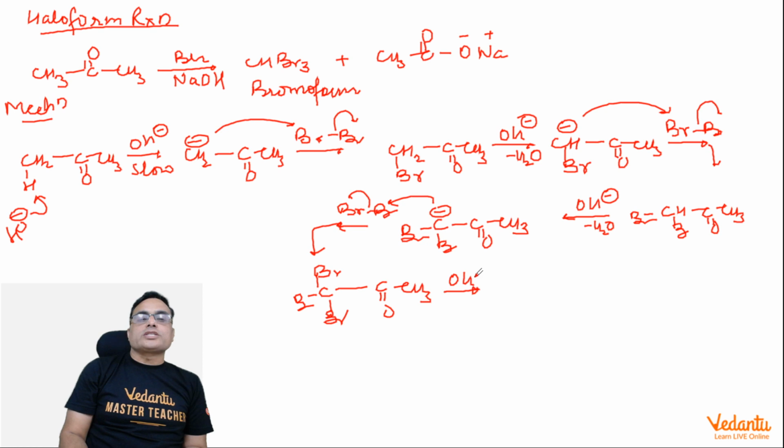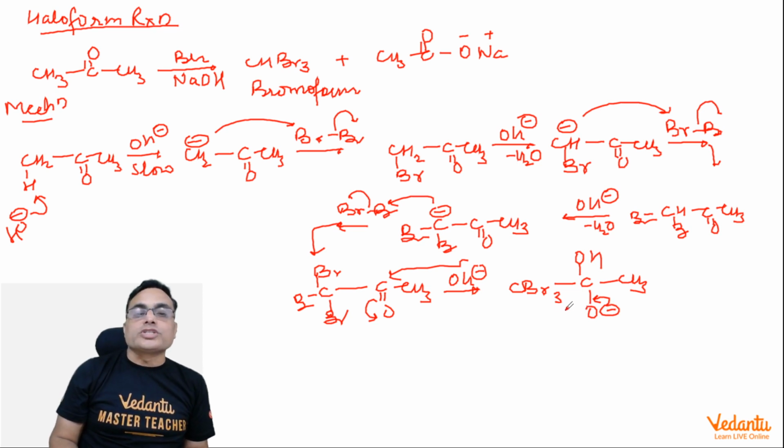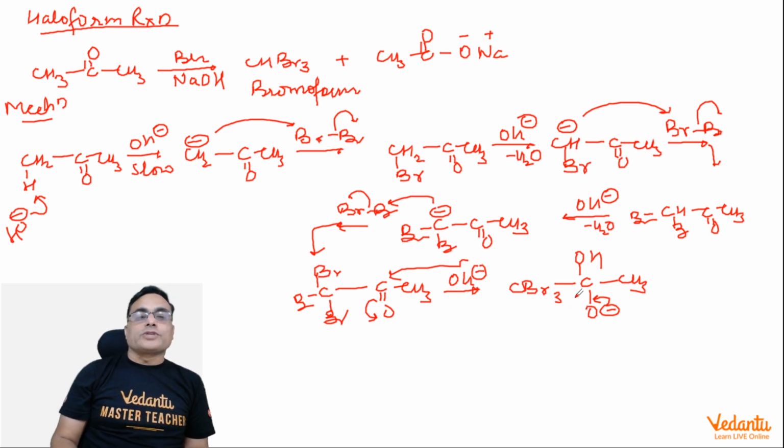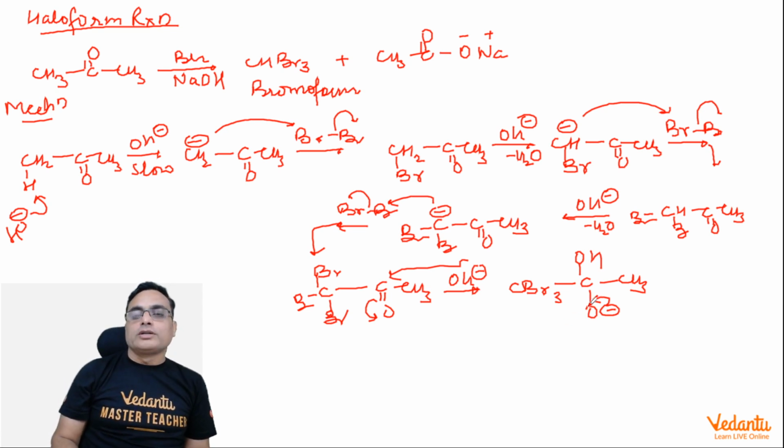Actually OH minus will attack as a nucleophile at this carbonyl carbon first, and after this carbonyl carbon is attacked by OH minus as a nucleophile, then you will see that C double bond O is broken. And when the C double bond is broken, this negative charge again will fight back for the formation of C double bond O, because presence of C double bond O will give thermodynamic stability to the molecule, as C double bond O is a very strong bond.